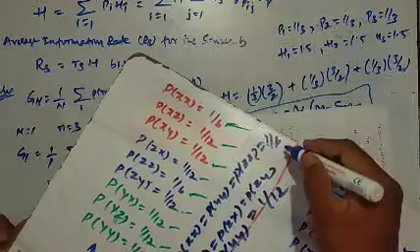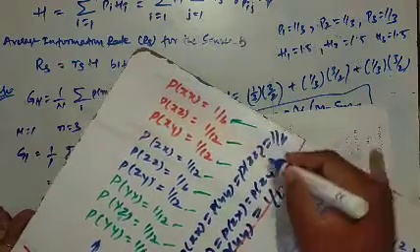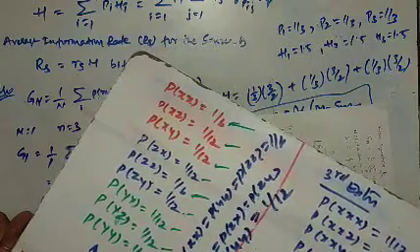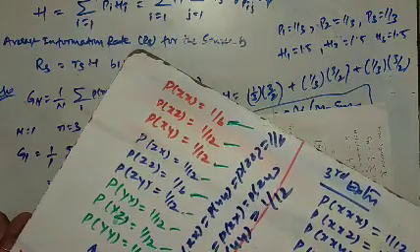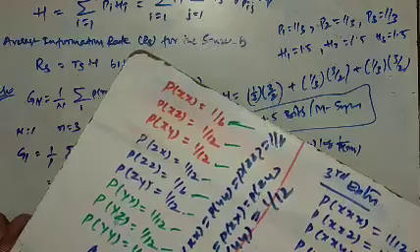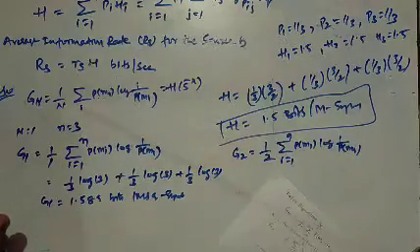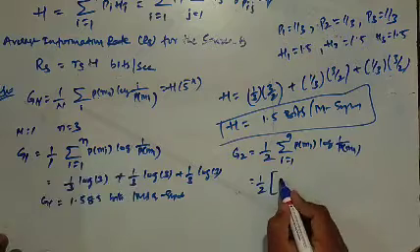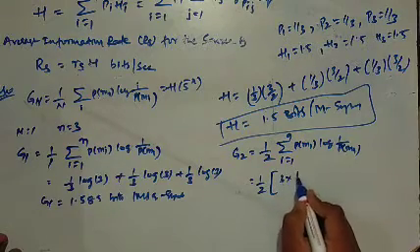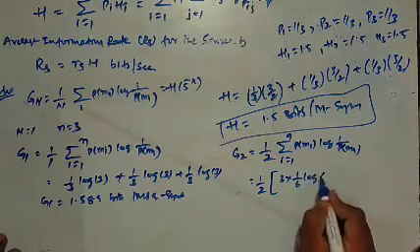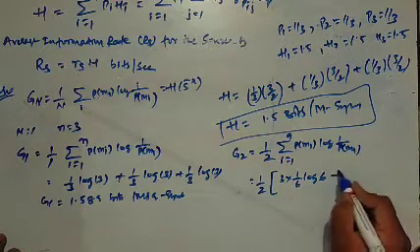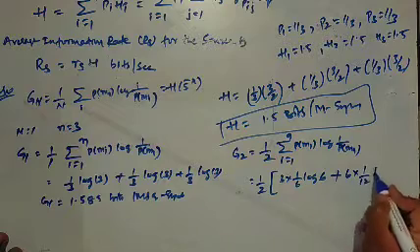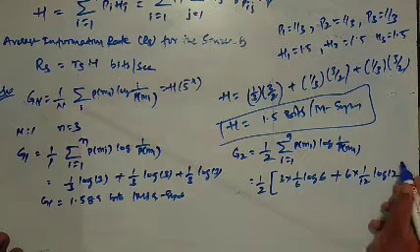Here I got 3 messages with 1 by 6 probability and 6 with 1 by 12 probability. I'll write 1 by 2 as common: 3 into 1 by 6 log 6 plus 6 into 1 by 12 log 12.